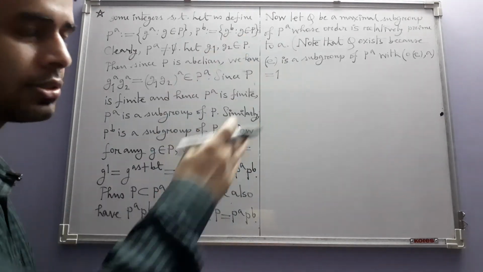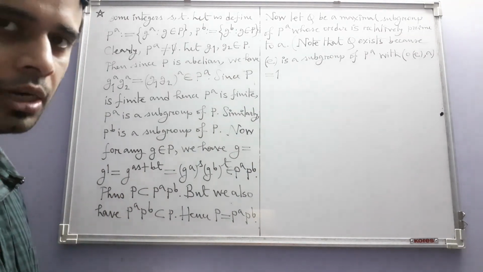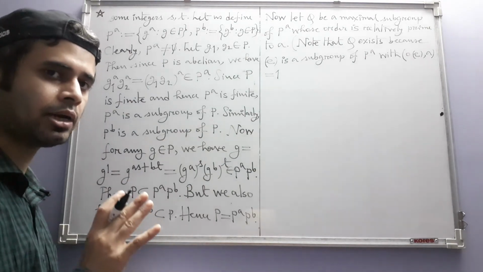Since PA itself is finite, at one stage you will run out of elements. So you are bound to get a maximal subgroup at some stage.